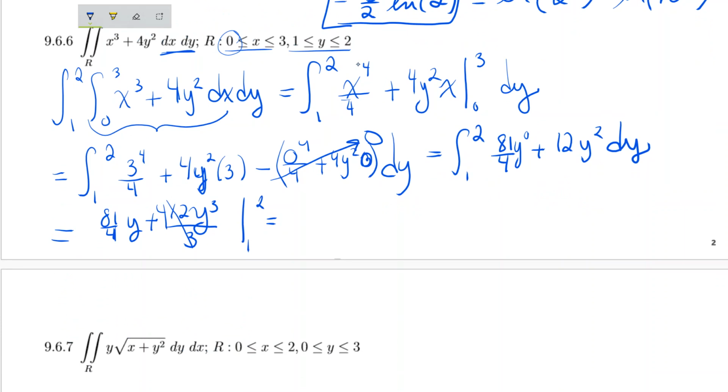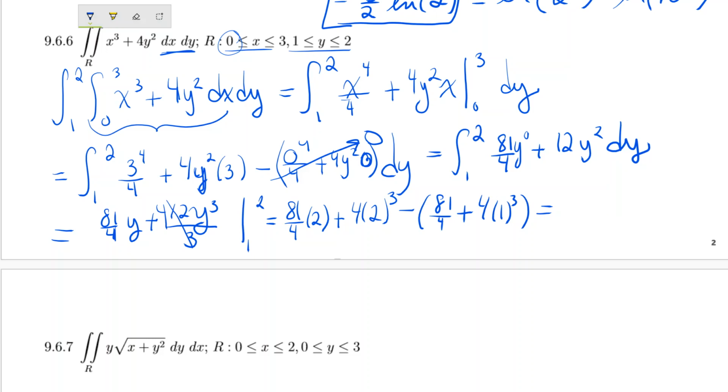Nothing's going to go away, so I'll have 81 fourths times 2, so that's going to be 81 over 2, plus 4 times 2 cubed, minus, use your parentheses, so you don't accidentally subtract something you shouldn't, 81 fourths times 1, I'm not writing times 1, plus 4 times 1 cubed, that one I will write even though it's going to come out 1. Anyway, it's going to be a number.